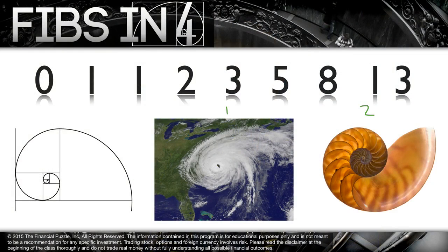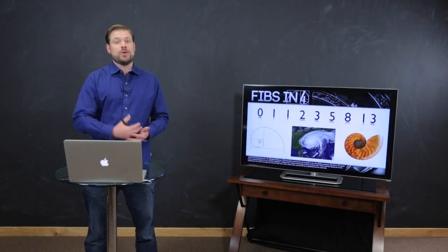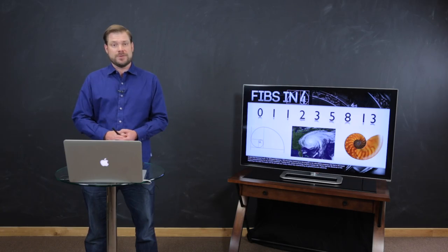Unlike our lives, right? And so the hurricane here, you can see, represents the Fibonacci spiral. The same thing here with this nautilus shell. And if you were to pick this spiral up and drop it over top of them, you would find that they have a very, very close relationship to each other. One that meteorologists have used to forecast weather patterns and hurricane paths for years and years and years.